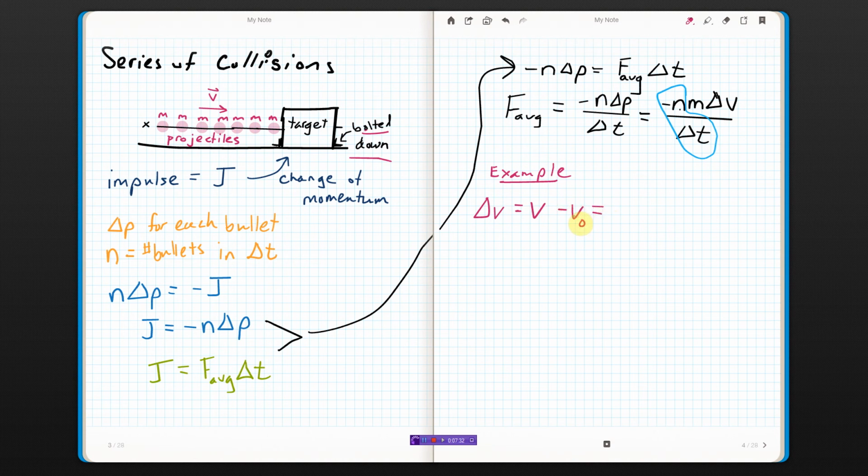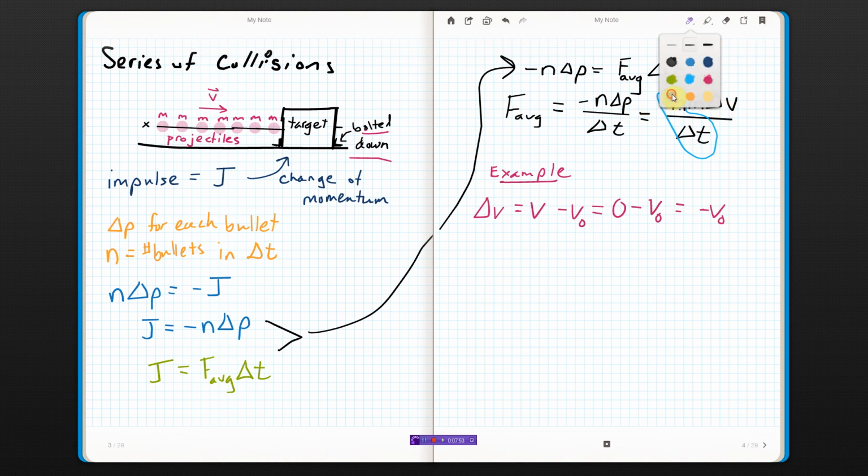If they're stopping, your final velocity is 0, and then minus their initial velocity. So basically the change would be negative initial velocity, and then you just stick that in there.